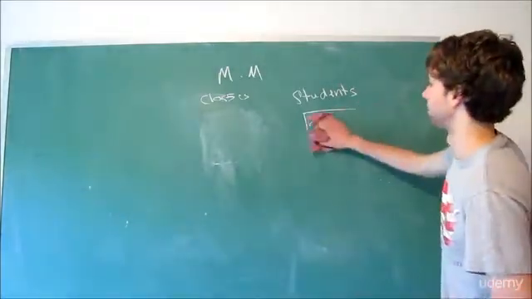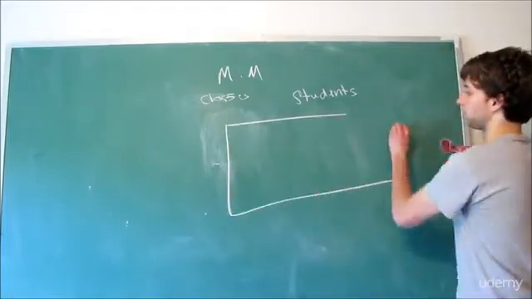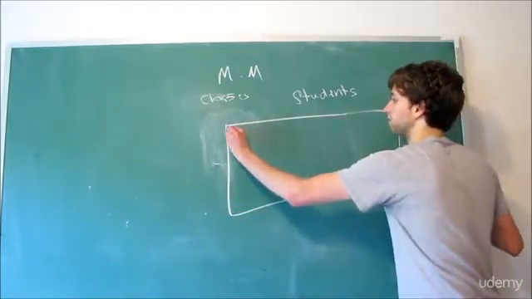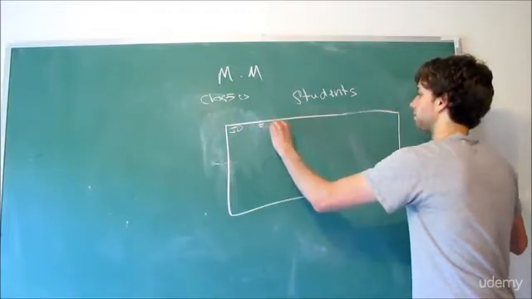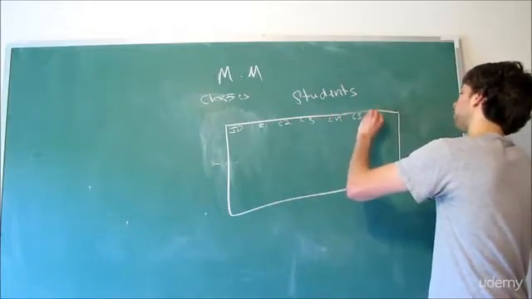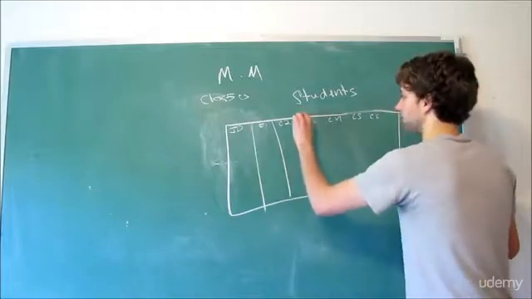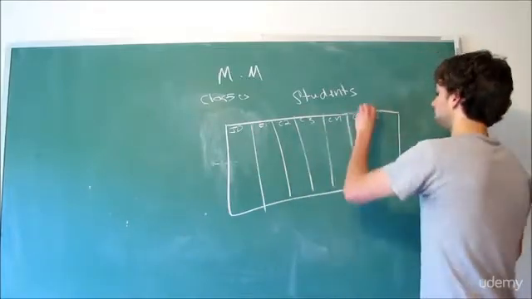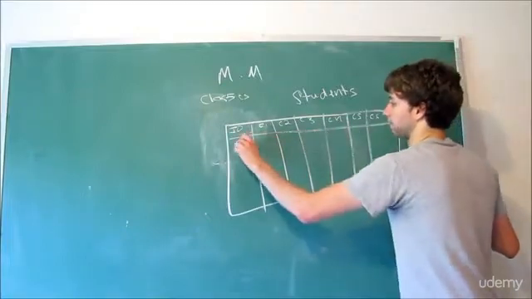If we drew that out so where you could see it better, we would have a table, and then we'd have the ID of the person, and then the classes. So we'll just put class 1, class 2, class 3, class 4, class 5, class 6. Let's just leave it at that. And we'll just make rows for these. And we have a new guy sign up. So we have a guy with the ID of 6.